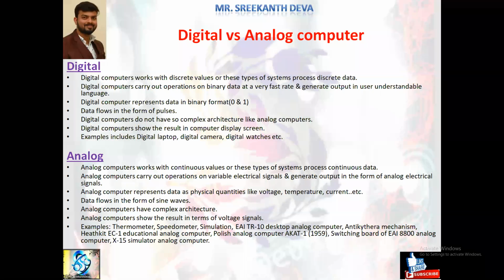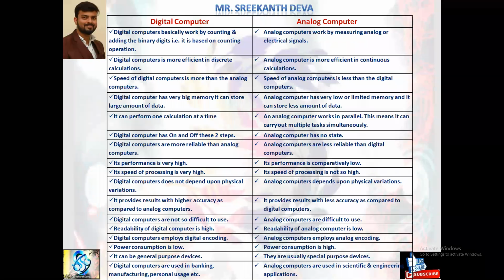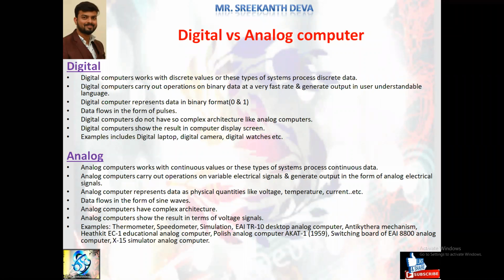Many different sectors use digital computers. But analog computers are used specifically for scientific and engineering applications. These are the very major points you need to remember while writing the difference between digital and analog computers. I provided several points, but these differences are very important.